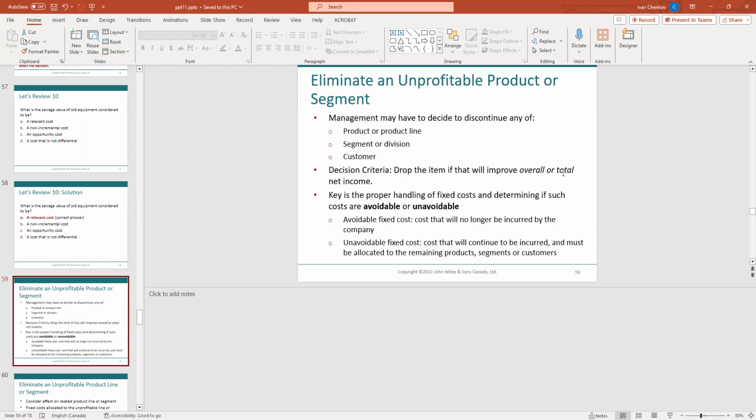The key here will be how appropriately we allocate the cost. For that reason, we have to understand that there are avoidable fixed costs and unavoidable fixed costs. Avoidable fixed cost is if we eliminate the client, that cost will be gone. Unavoidable fixed cost is if we eliminate the client, that cost will still be there.